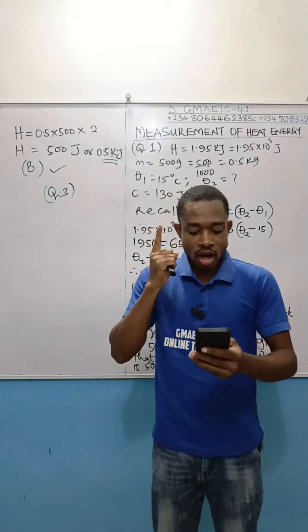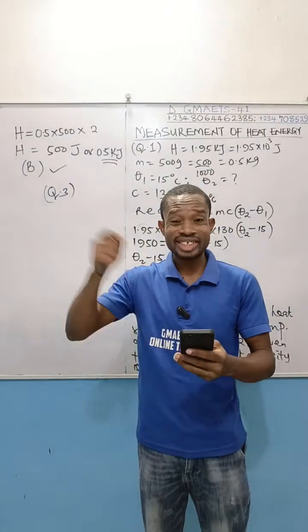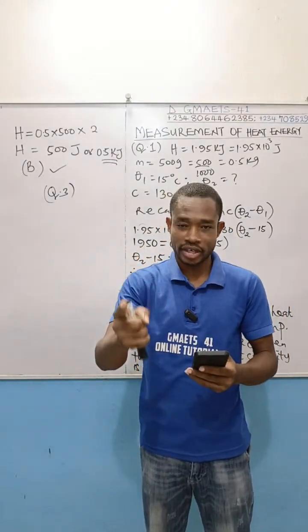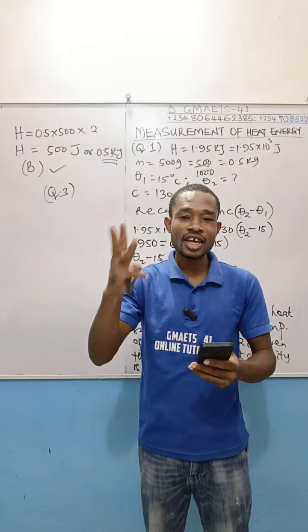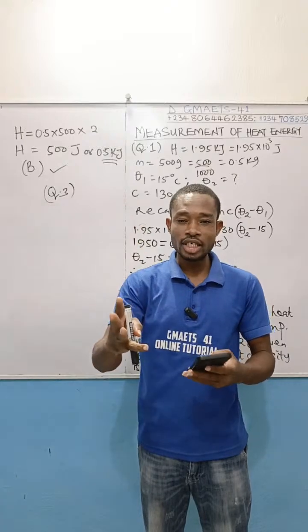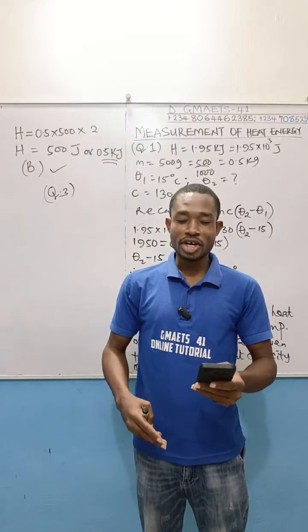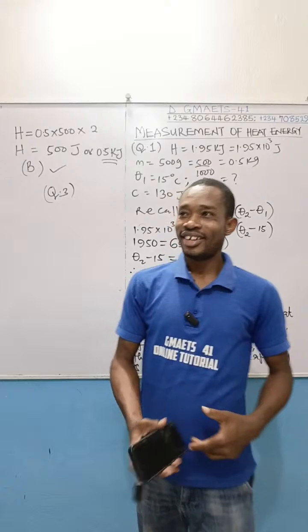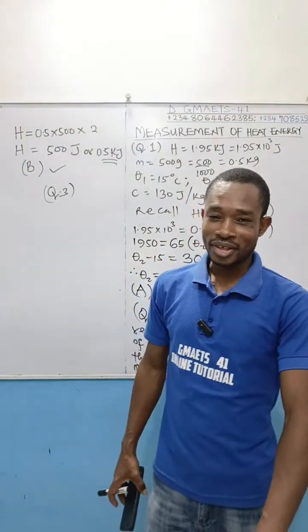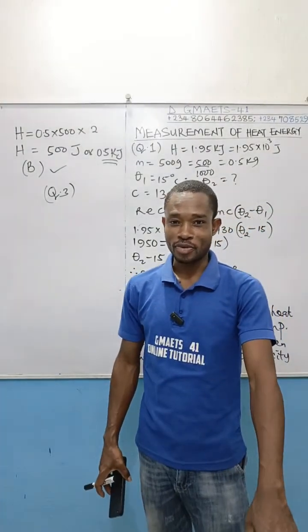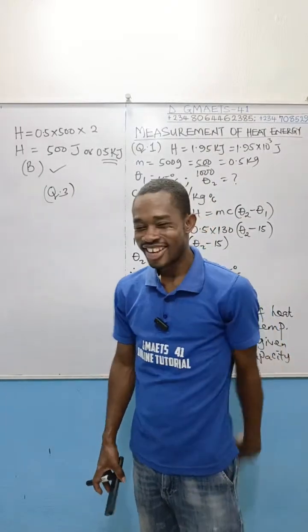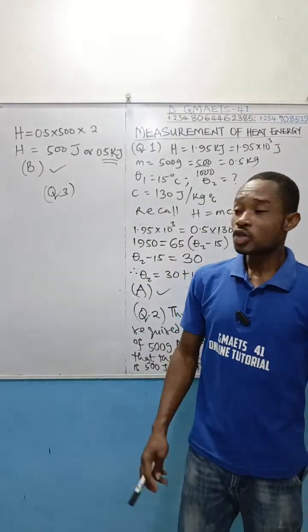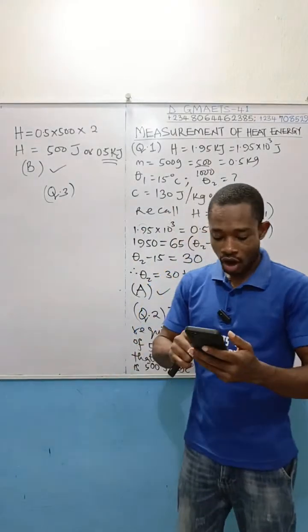Heat energy is measured in: option A, Kelvin. Option B, watts. Option C, kilograms. Option D, joules. I was telling my JAMB student that the correct pronunciation is joules. So what is the correct unit of heat energy?